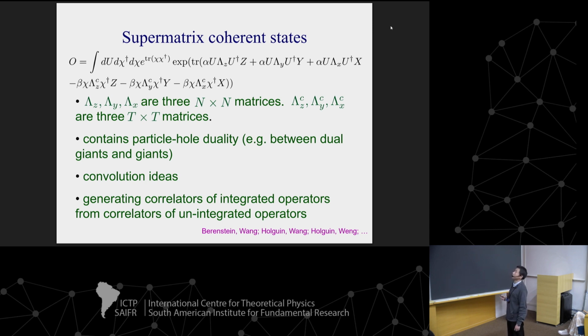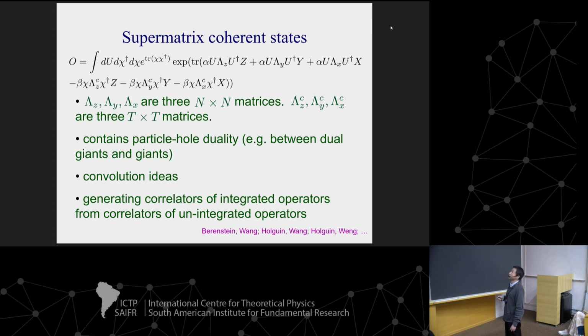The correlation functions and the inner products of these states involve a convolution idea. We can first compute the correlation function of the unintegrated operators, and then after we calculate the correlator, we can integrate out finally the auxiliary fields.